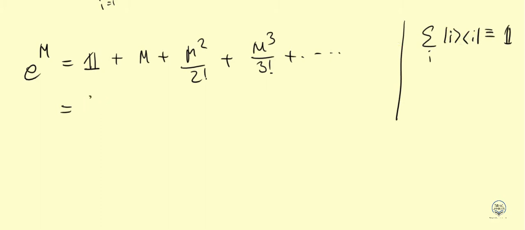Let's try to see. So I'm writing i, and I'm not writing explicitly from 1 to n, just i. The summation is well understood. For M, we can write j, because j is a dummy variable, so it doesn't matter whatever you want to choose. You can choose a, b, c, whatever you want.